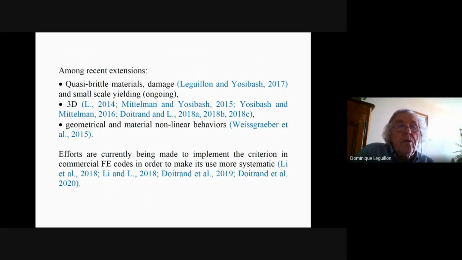Only small scale yielding, I mean, the plastic zone remains small around the stress concentration point. 3D, there are many works now that try to apply the criterion in 3D. Some non-linearities, mainly the group from Darmstadt works on those problems. And some efforts have now been made to propose some software in commercial codes.